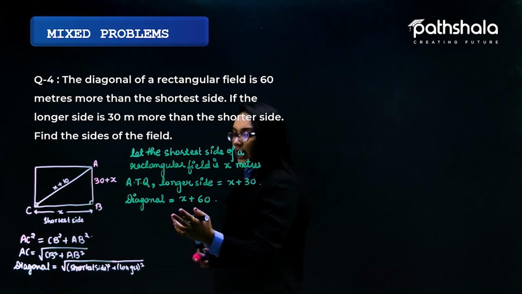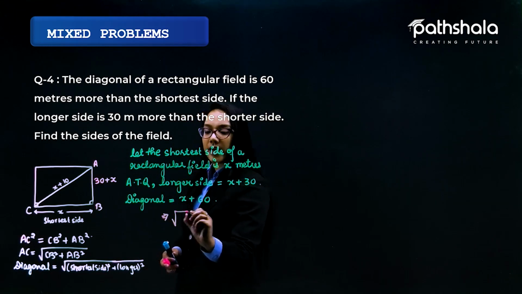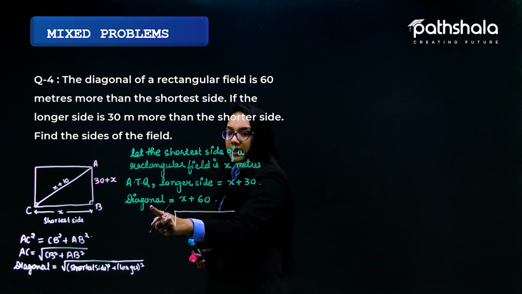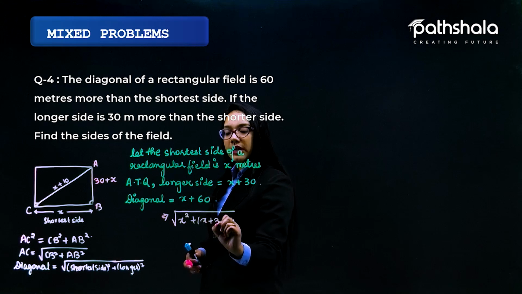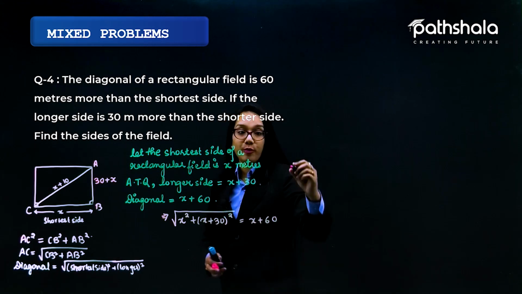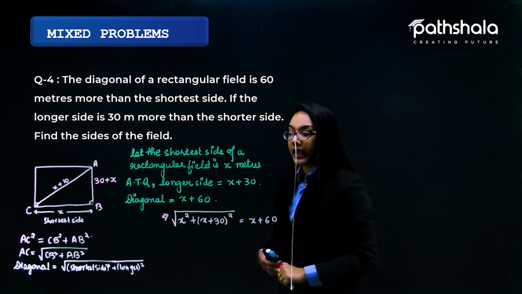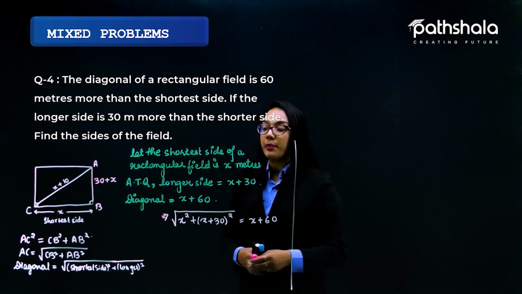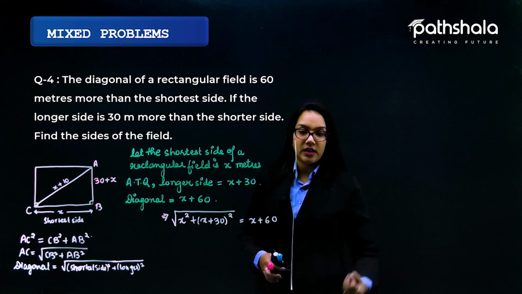So if we have the diagonal as x plus 60, we can write it as the square root of x square plus x plus 30 whole square, which is equal to x plus 60. I hope you can relate both of these conditions with each other. As we know, the diagonal is the square root of the sum of the squares of the shortest as well as the longer side.